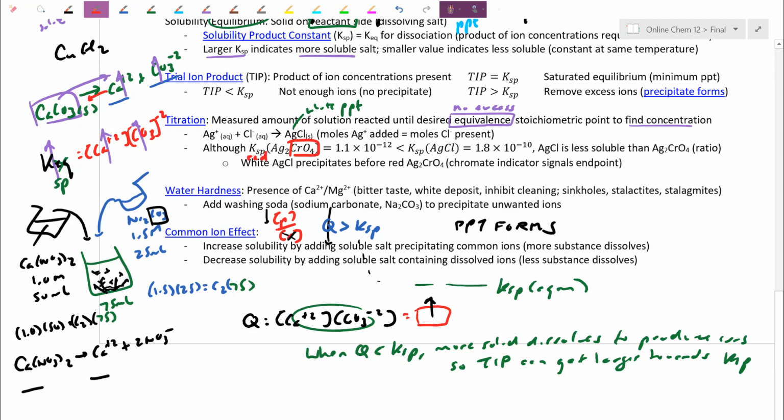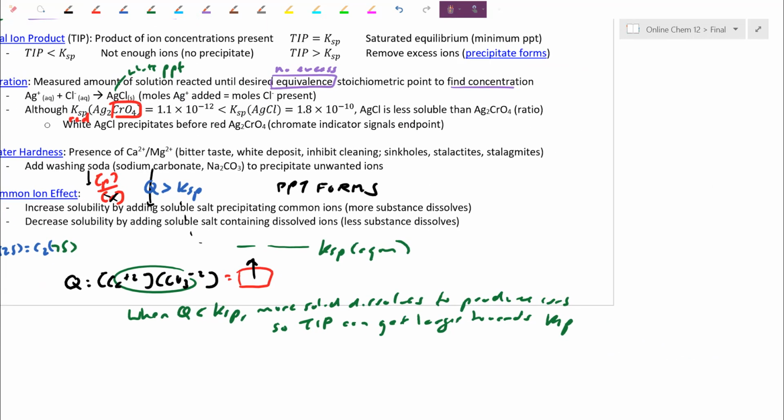Now this right here is a little bit weird when we're talking about which solid is more soluble or less soluble. We just said usually the smaller the KSP, usually the less soluble it is. But this time here, unfortunately, when you try to work with the mole ratio, if I did it for AgCl, for this equilibrium, because it's a 1-to-1 ratio, and x and x and x, then the KSP is just x times x.